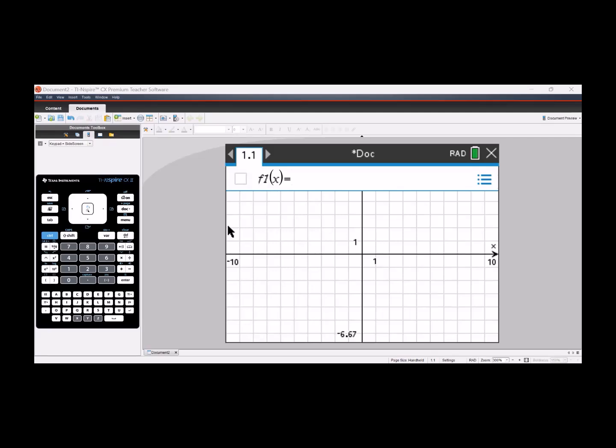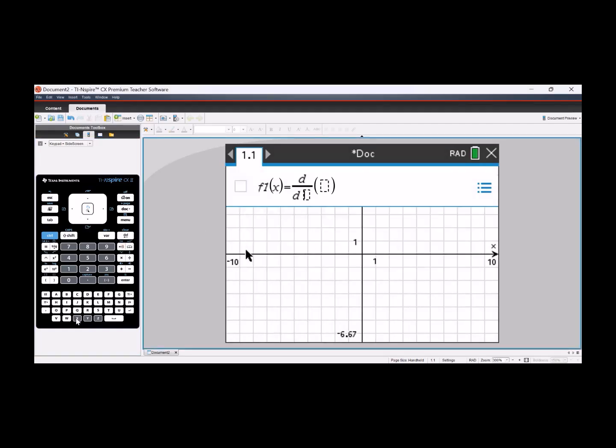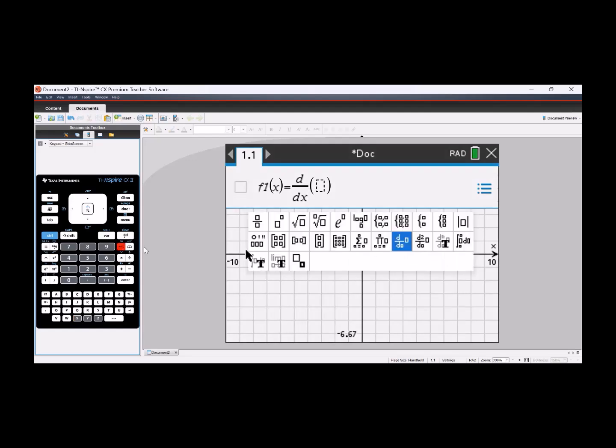Now the first thing we want to look at is the derivative with respect to x. So I'm going to use my template key, and I'm going to use my derivative with respect to x of, so I'm going to tab, and now I want to do the integral.